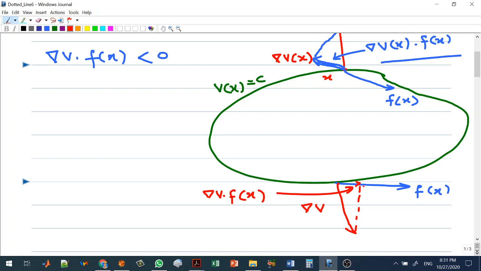We see that it is pointing towards the positive x-axis, right? Earlier, this projection was pointing towards the negative x1 axis.